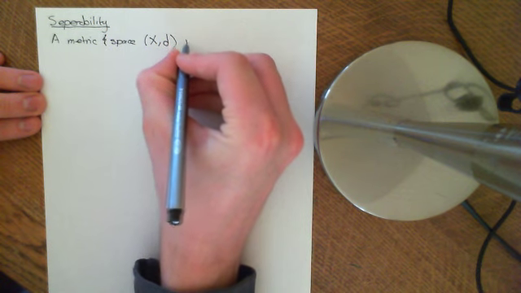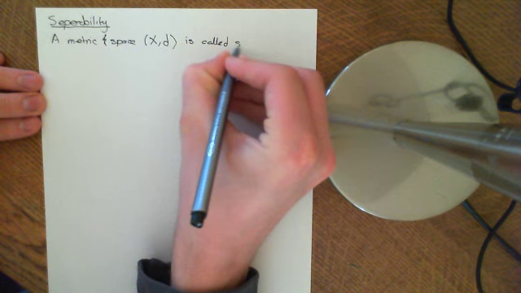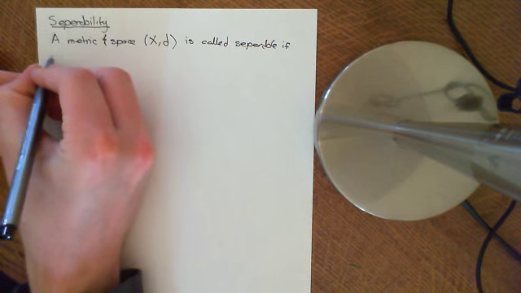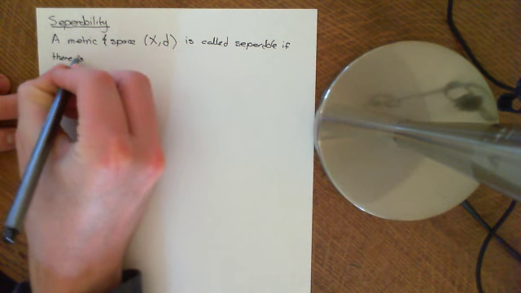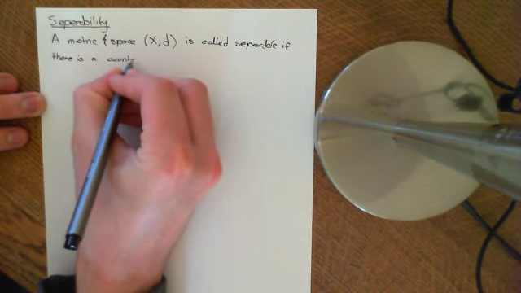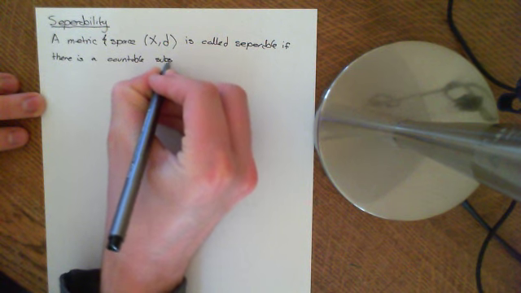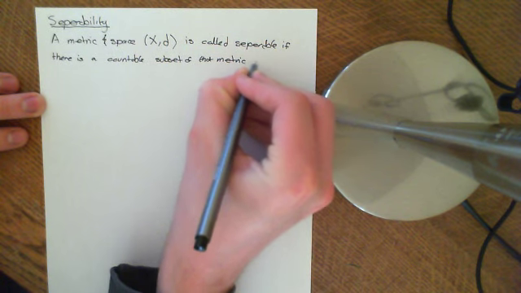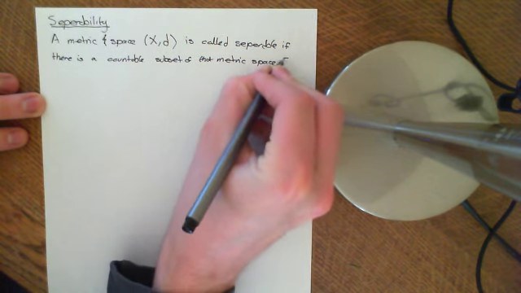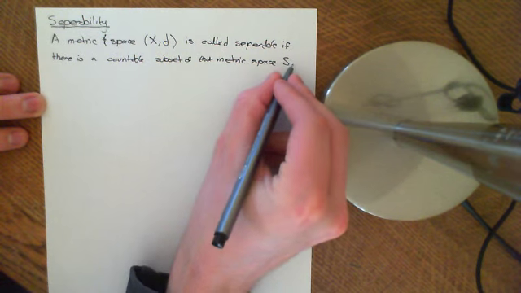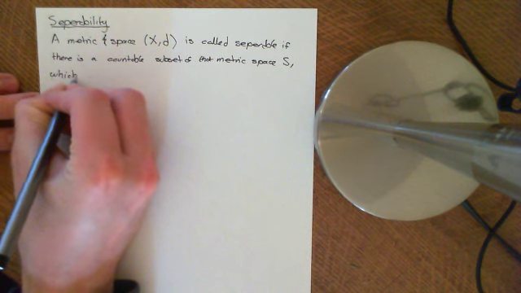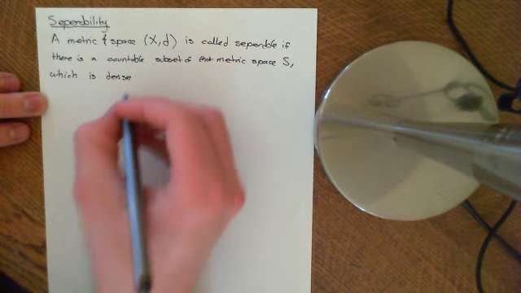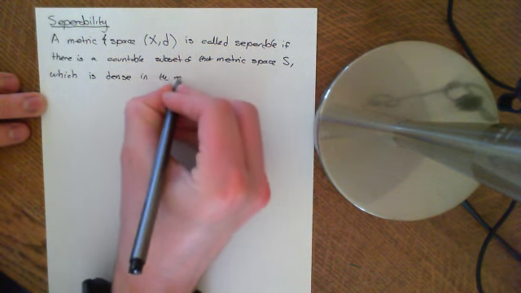So a metric space (X, d) is called separable if there is a countable subset of that metric space, let's call that countable subset S, which is dense within the metric space, i.e. S closure is the entire metric space.